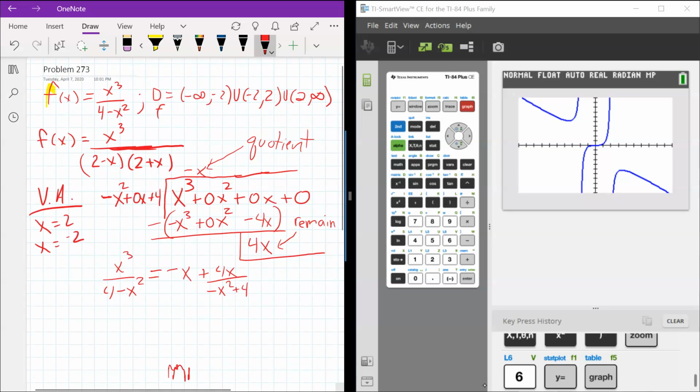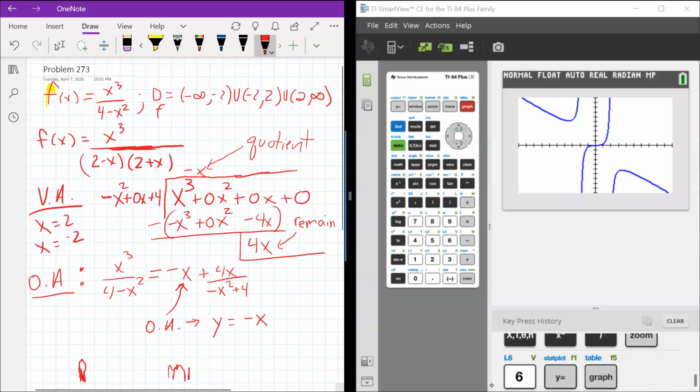So this part here, the quotient, is the oblique asymptote. The oblique asymptote is y equals -x.